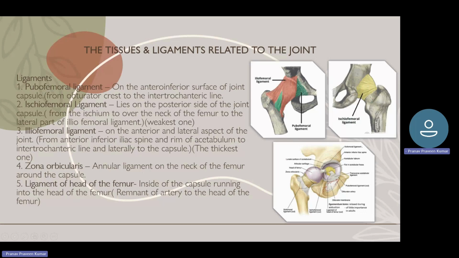This would be the lunate surface of the acetabulum, the smooth surface where it articulates with the head of the femur. And there's one more ligament I forgot to mention, the transverse acetabular ligament, which completes the moon, and within that is a fat pad for shock absorption.